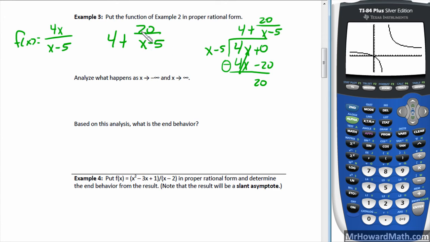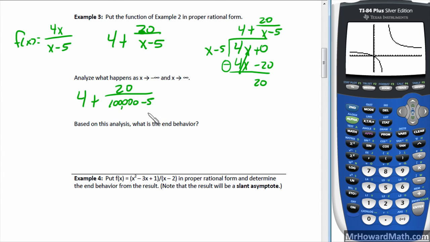So once it's in proper rational form, your horizontal asymptote will be the section in front of the remainder. And the reason that happens is, analyze what happens as x approaches negative infinity and x approaches positive infinity. So let's do this. 4 plus 20 over, let's substitute in 100,000 for x.